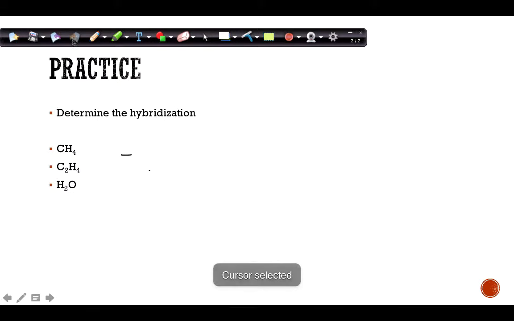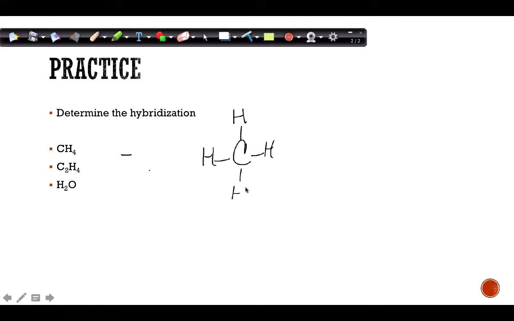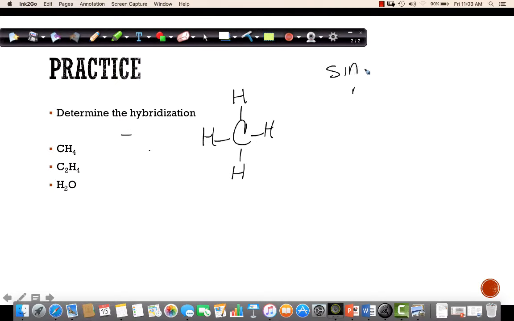All right, so let's look at a few examples. Okay, so CH4 would look like this. So methane. So what we're going to do is we're going to count around the carbon, and let's determine the hybridization. So we're going to count how many sigma bonds I have. Well, it has 1, 2, 3, 4 single bonds, and a single bond is equal to one sigma.